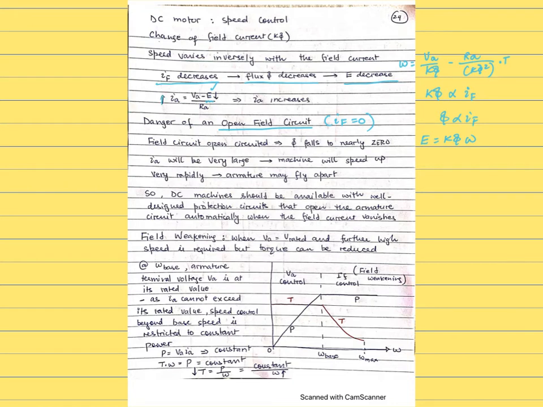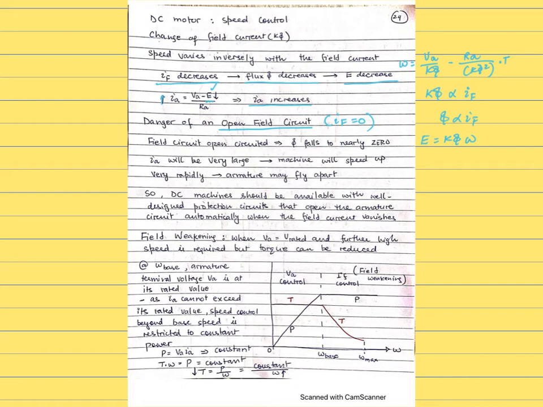And let's say at one point you have IF equals 0. That will lead to E equals 0. Once you have E equal to 0, IA will be at one of the highest possible values.